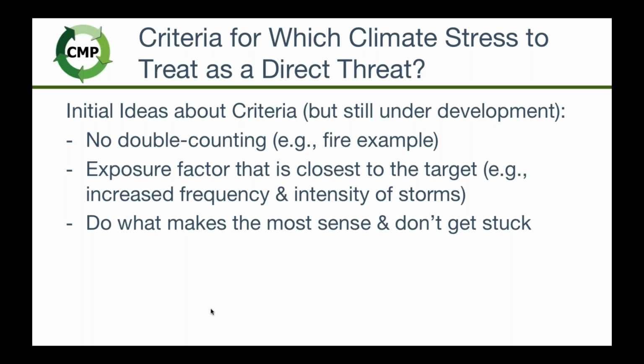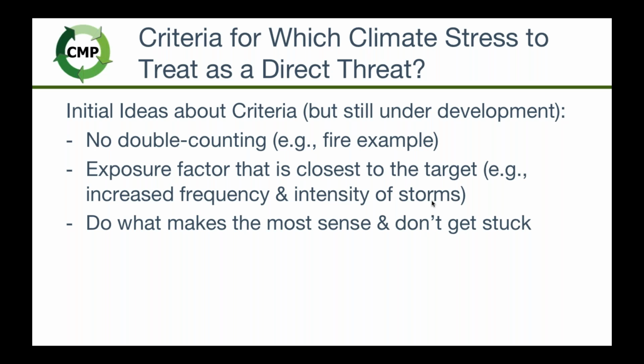Basically you don't want one factor that's upstream of another factor. Essentially, we think that the exposure factor that's closest to the target, like increased frequency and intensity of storms, is what you would choose.